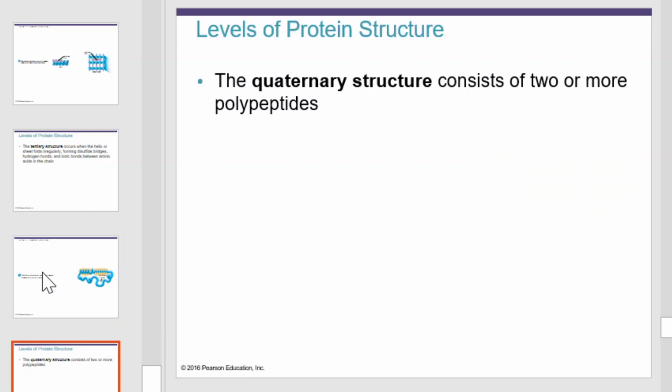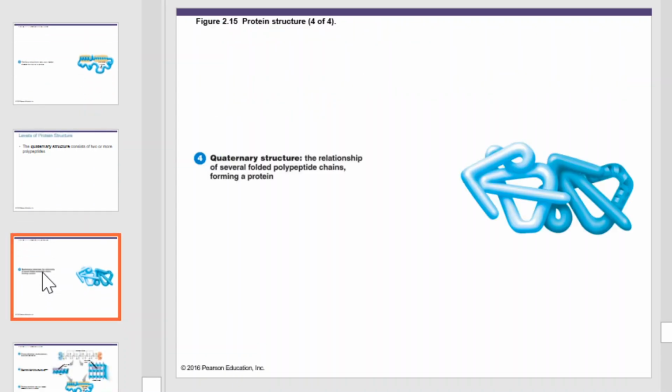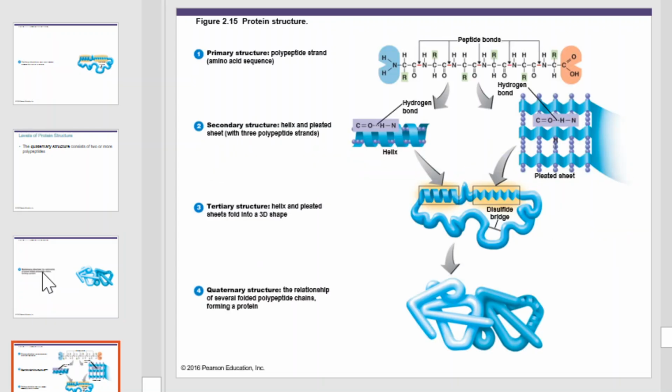The quaternary structure of a protein consists of two or more polypeptides interacting and/or binding with one another. In this illustration, you can see the full progression from primary structure through quaternary structure.